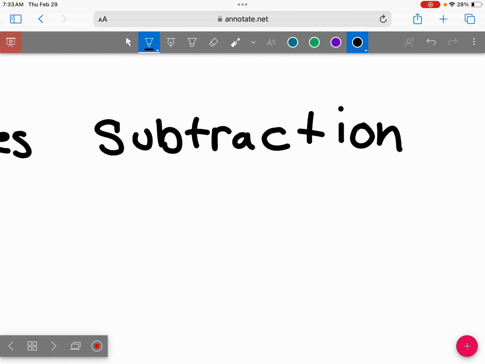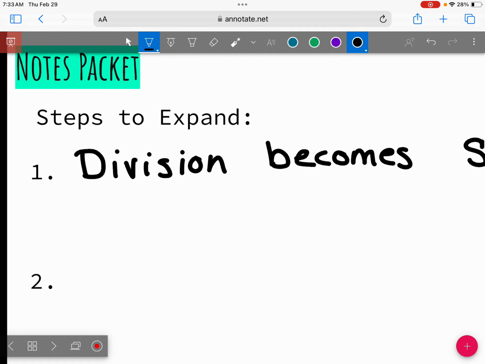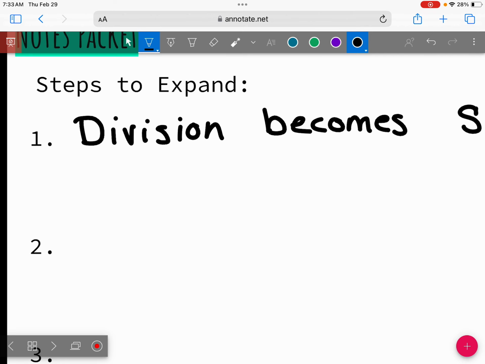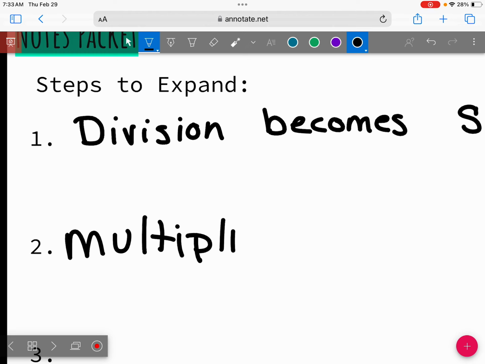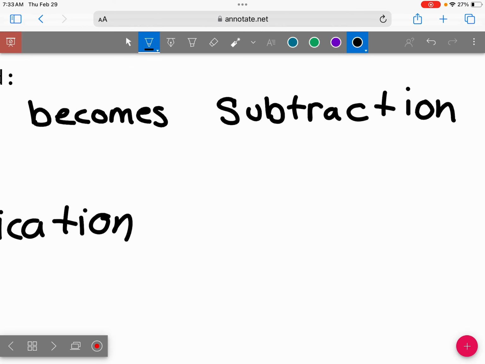We're going to split it into two pieces. Our next step is that anything that's multiplied is going to become addition.